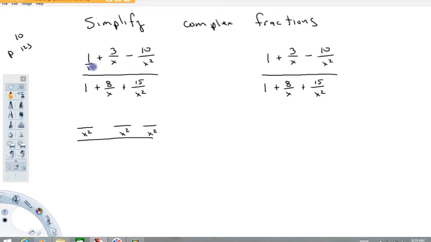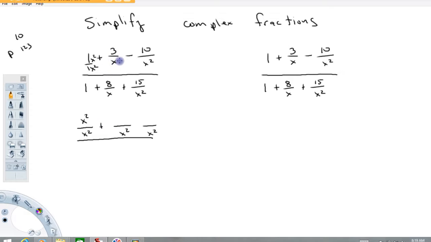Now, this guy, to turn this into an x squared, what we need to do is multiply by x squared, which is fine, but anything you do to the bottom, you have to do to the top. So if we multiply the top and bottom by x squared, this fraction will become x squared over x squared, plus. Now let's deal with this guy.